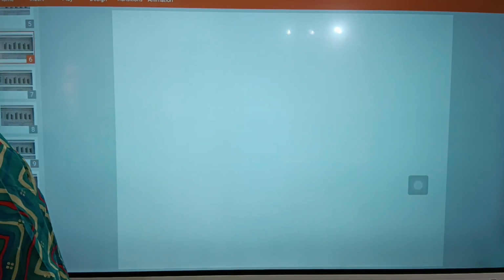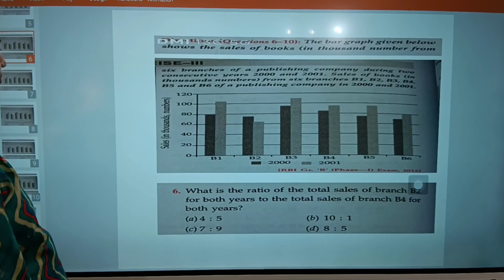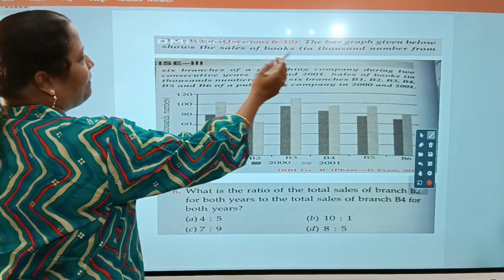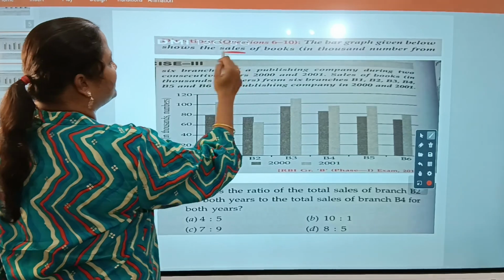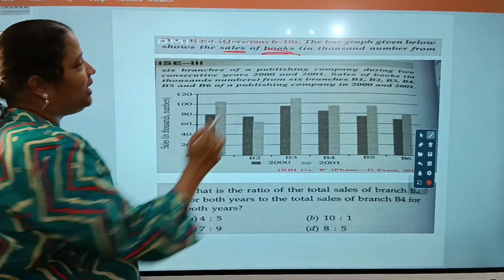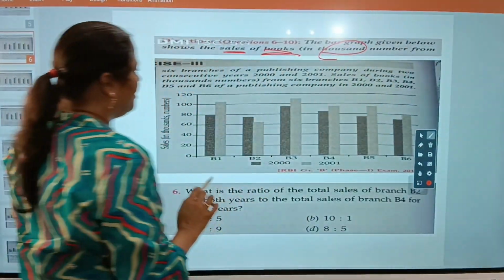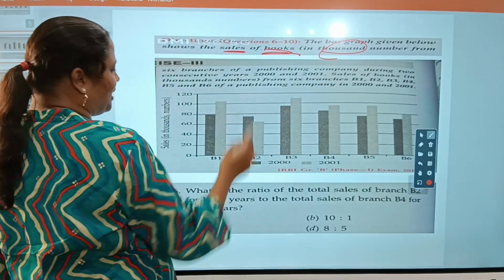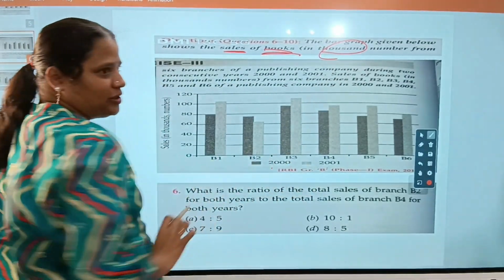Let us move to another graph now. Here, the bar graph given below shows the sales of books in thousands from 6 branches of a publishing company during 2 consecutive years, 2000 and 2001.